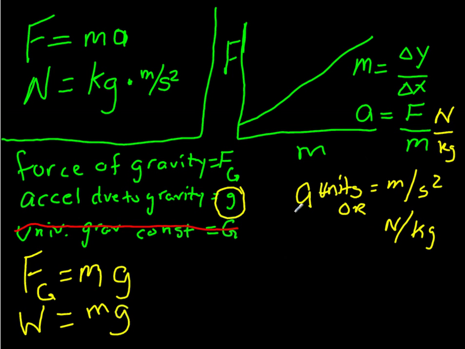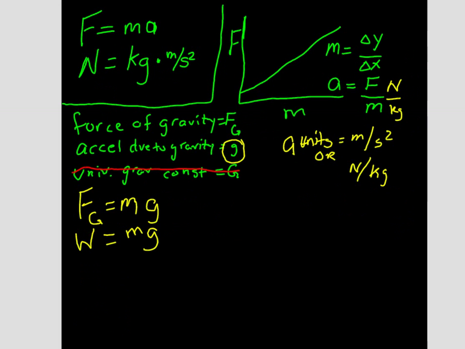They are one and the same. Generally, when using regular acceleration, we want to use meters per second squared. But when we're using g, we could use either newtons per kilogram or W equals mg.